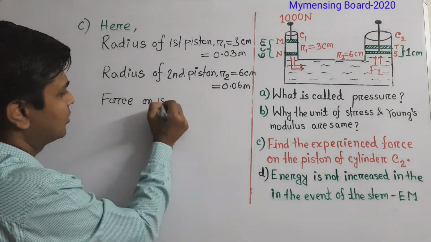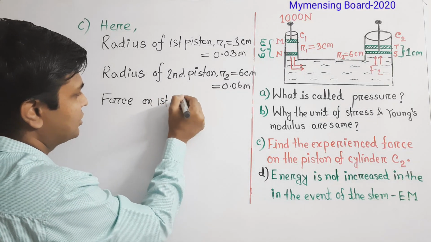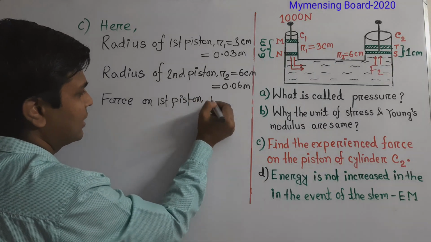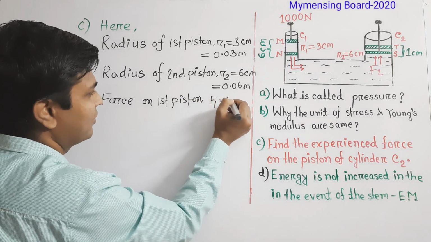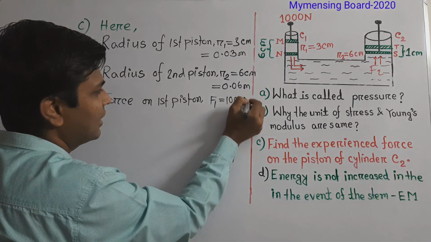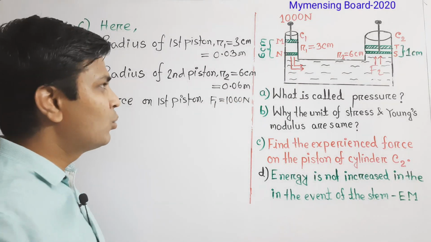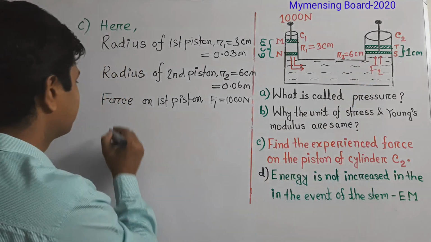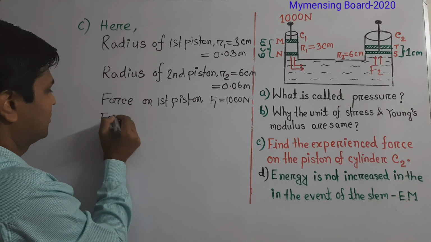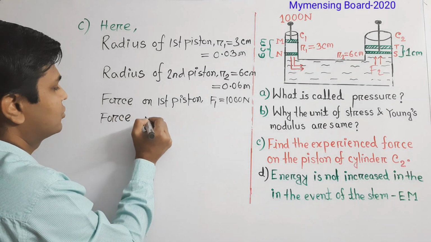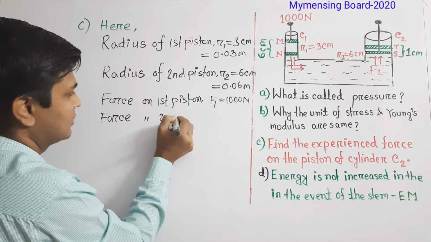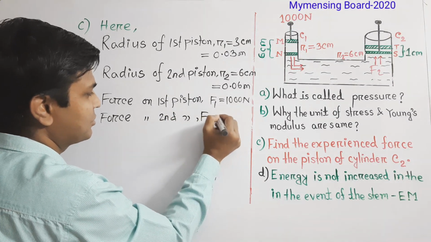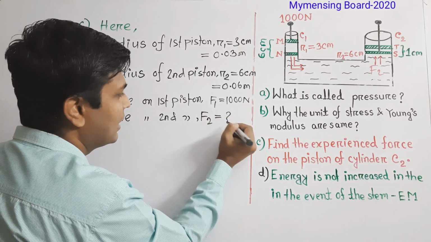The force on the first piston is F1, and the value given is 1000 Newton, and we have to calculate the experienced force on the second piston, the force on the second piston.